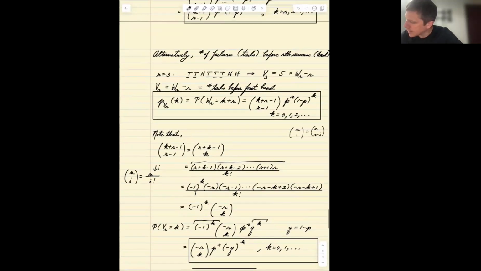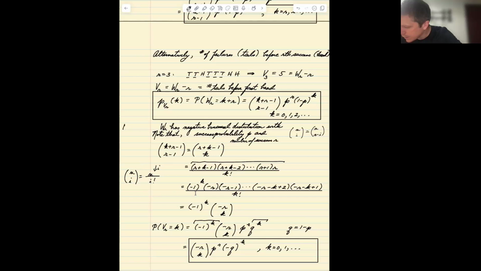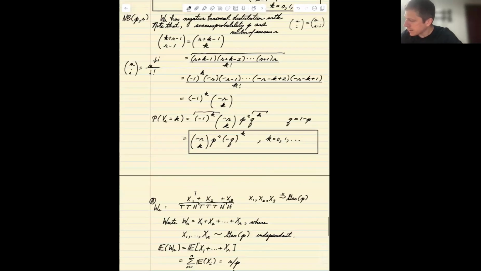I'm sorry, I didn't say this up here, but W_R has the negative binomial distribution with success probability P and number of successes R. This is written as NB(P, R).